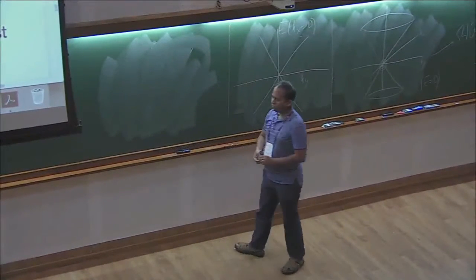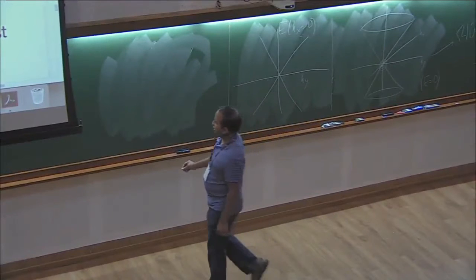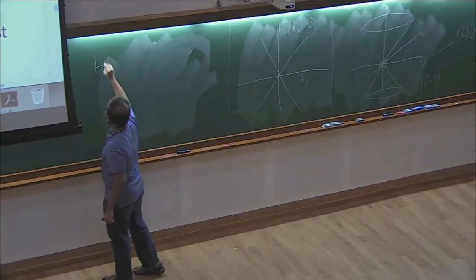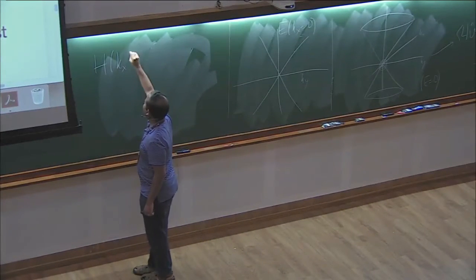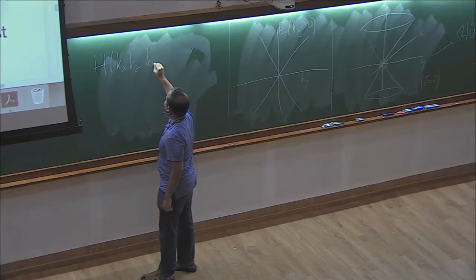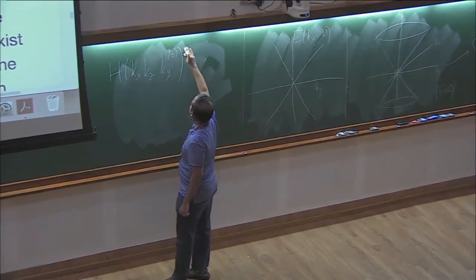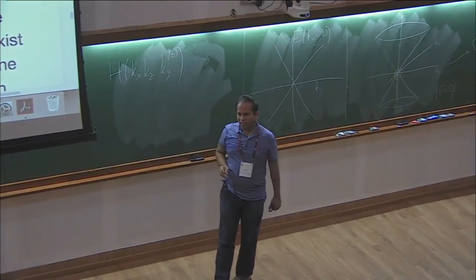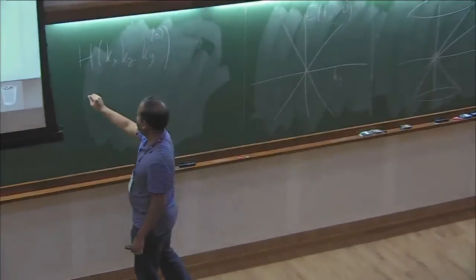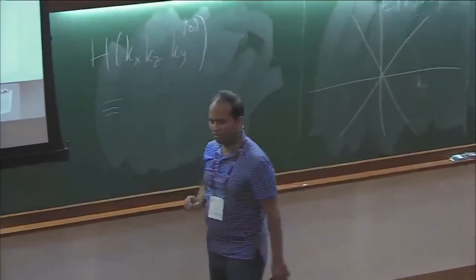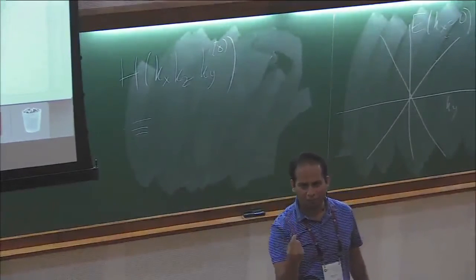So I've told you before that I'm looking at the function of kx, kz, and ky0. Near the transition, I said that it had to look like a massive Dirac theory, because at the transition you have a gapless point.